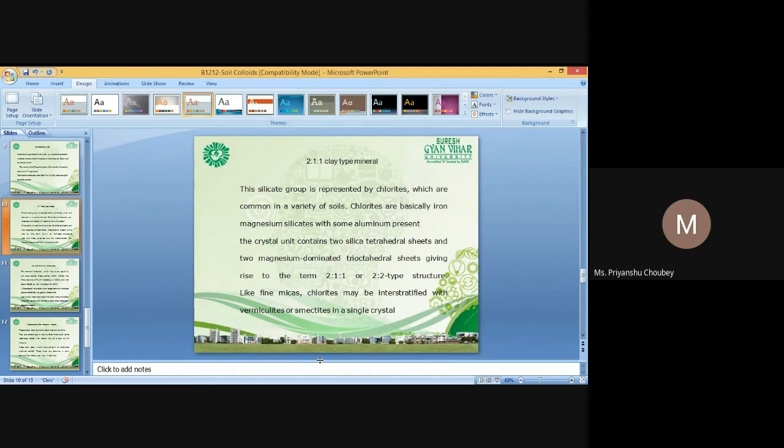Diagnostic surface horizons: anthropic epipedon, from the Greek word anthropos, meaning human being.